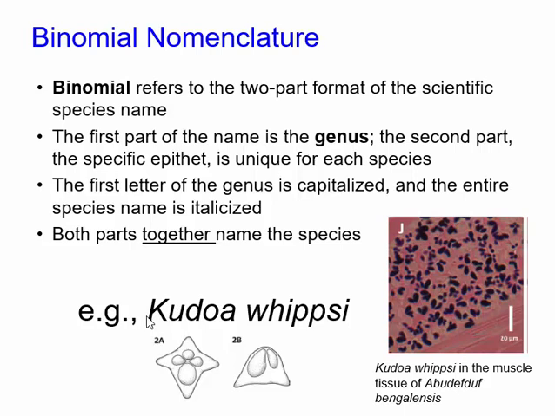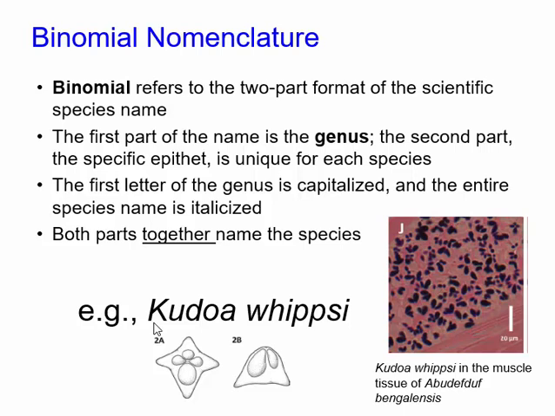There are a few things. One, you need these two words together that make the species name, the genus and species, or specific epithet. That is the whole name. The first letter of the genus is always capitalized, so there's a capital K here. And then we also italicize the species name.